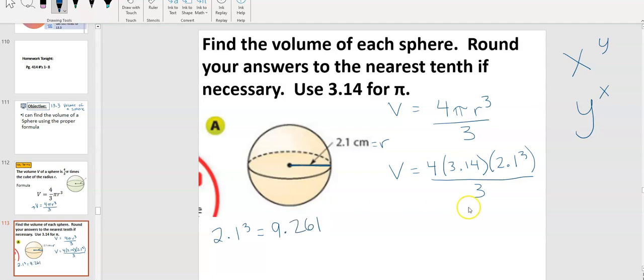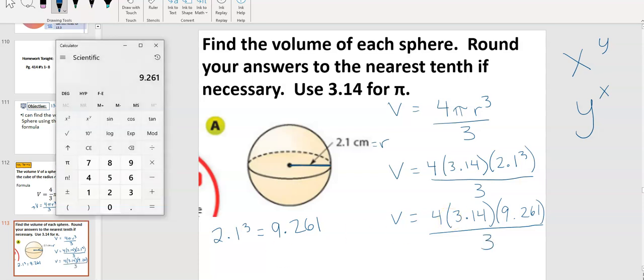Okay, so that is now part of my formula. So I am now going to continue using my calculator with these numbers right here. 9.261 all divided by 3. And I'm just going to calculate. So I already have this part down here, so I'm going to times that by 3.14, times that by 4, and then all of this gets divided by 3.